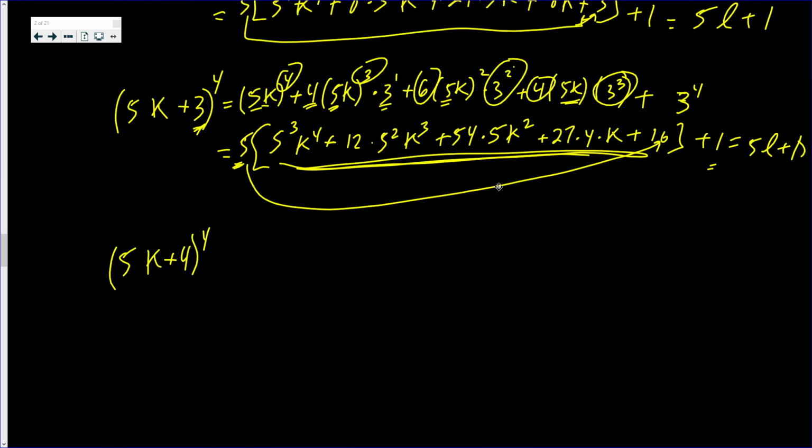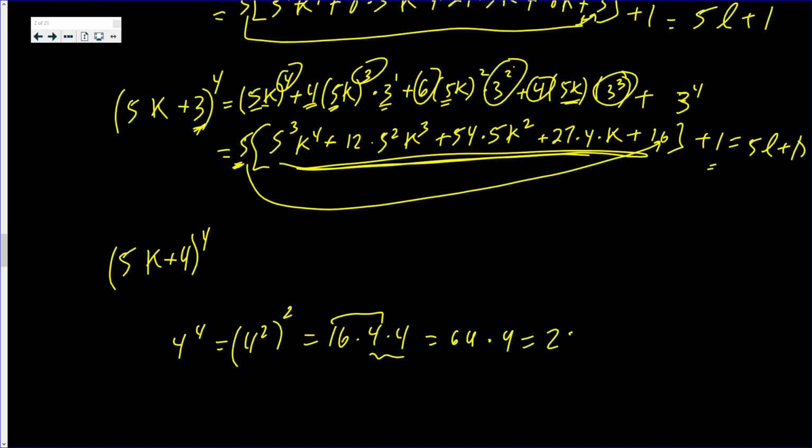What about this one? Well, 4 to the 4th, that's 4 squared squared, which is 16 times 16, but I don't know what 16 times 16 is. So I'm going to write the second 16 as 4 times 4. I know that's 64, and I actually know what 64 times 4 is.